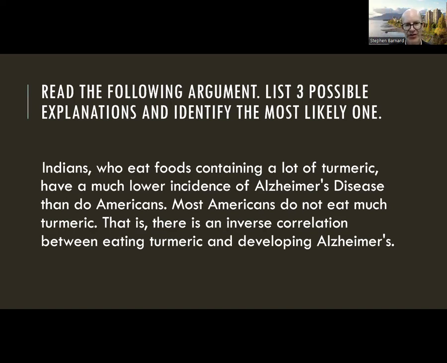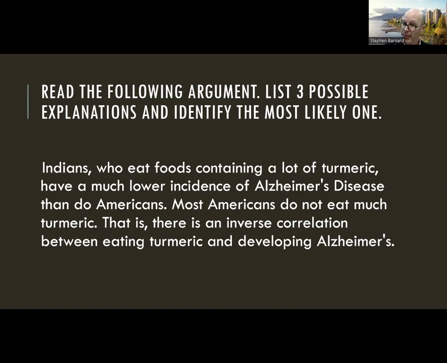It's an inverse correlation. Now, when I gave students a few examples of different correlations, I asked you to brainstorm one and then list different possible explanations. Remember, if you don't know the cause for something, it's a good idea to try and brainstorm as many possible options as possible, and then try to choose maybe the most likely one.